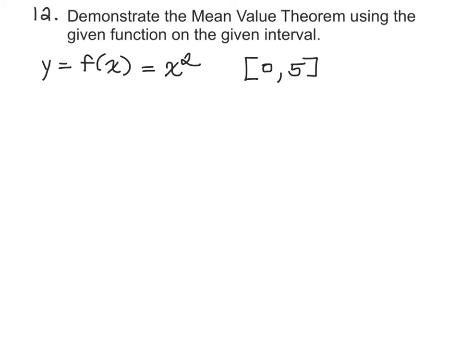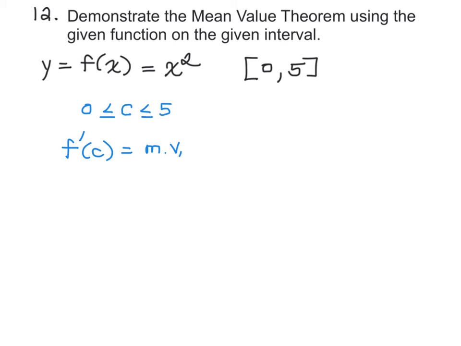And what the mean value theorem says is that the mean value of the function is equal to the derivative for some point c between 0 and 5. So we'd say that there is some value c that is between, and it could equal 0 or 5, but somewhere in the interval from 0 to 5, such that f prime of c is equal to the mean value.